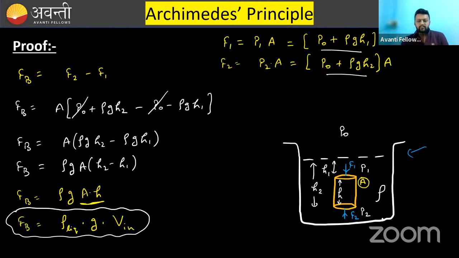The terms might be shifted, might be altered in left and right. Otherwise, the relation is the same. Volume of immersed part into g into density of the liquid. This is the buoyant force. I think things are clear. Now, as you already know, buoyant force acts in the upward direction. So I don't need to mention that the direction of buoyant force is upward. Okay, clear?